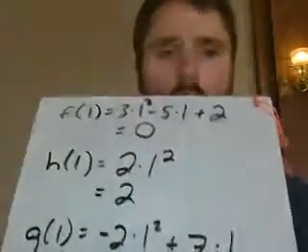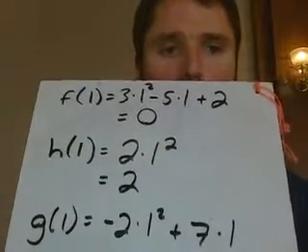So g of 1 is equal to negative 2 times 1 squared plus 7 times 1, which is equal to negative 2 plus 7, which is 5, right?